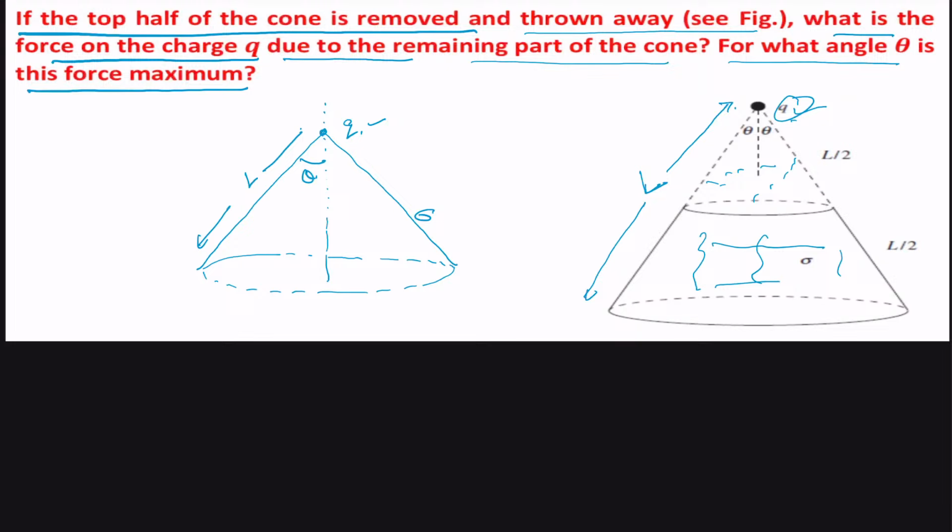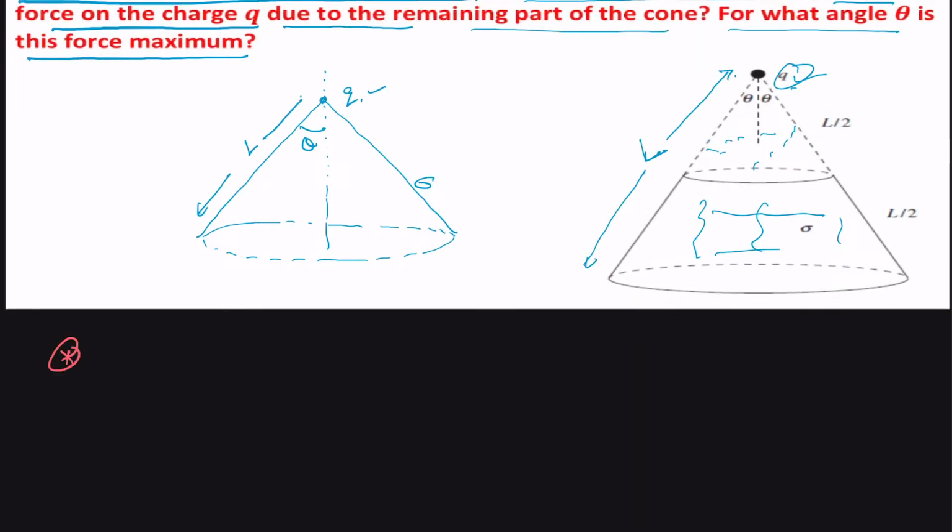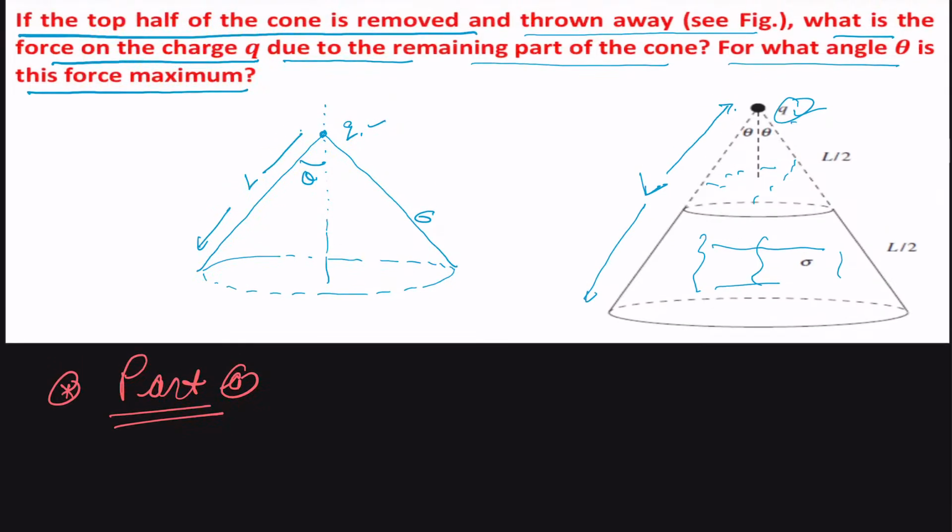And so in this case let us draw the part A, and in part A we draw a ring. Let us call this that for this ring the slant height is L and R is the radius.